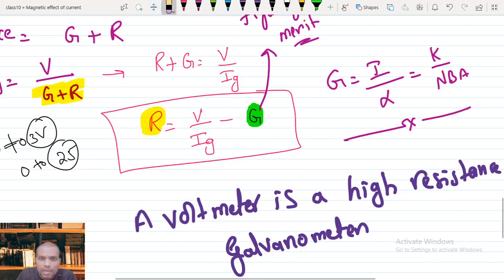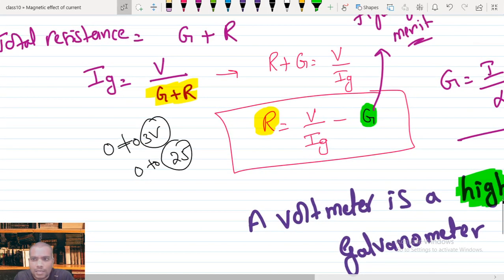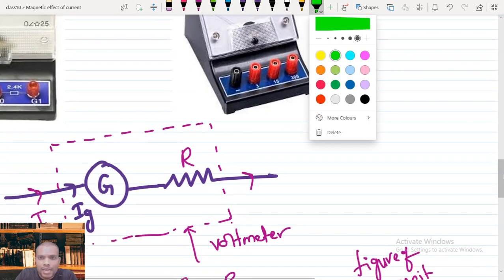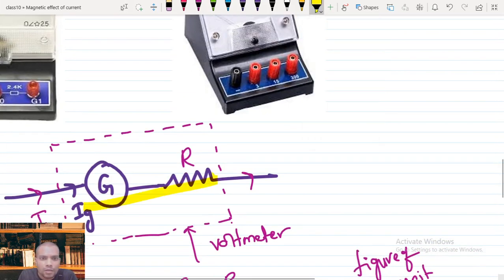Why has the word high come here? I hope you can guess that, because we connected a resistance in series to the galvanometer. When we connect resistance in series, what happens? The total resistance value increases.